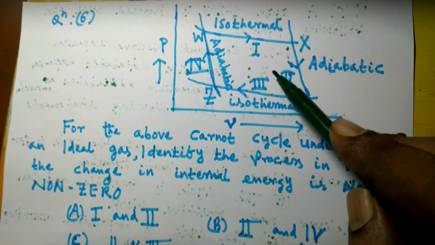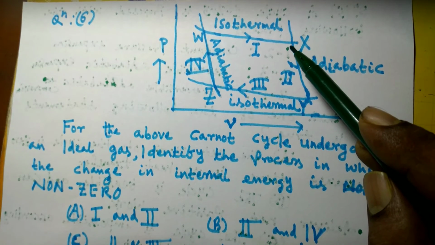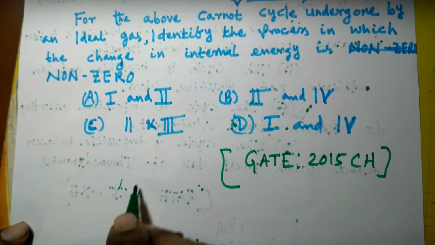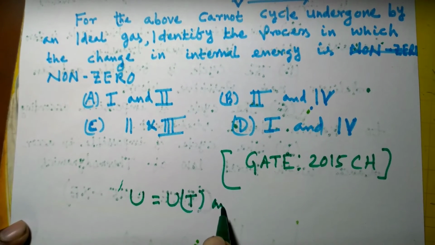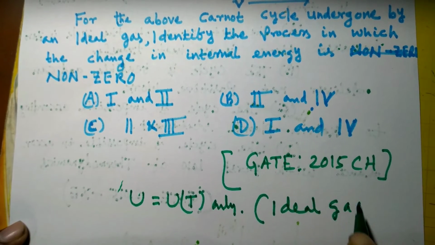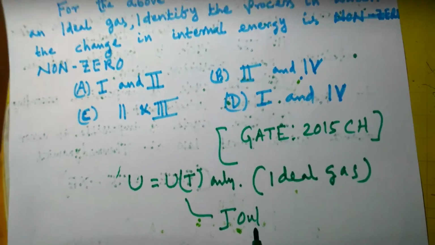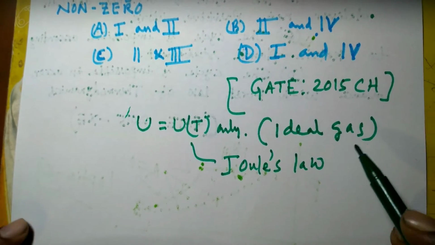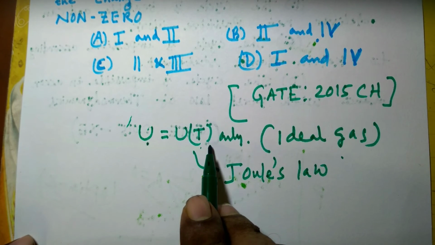And if the working fluid is an ideal gas, you know, for an ideal gas, according to Joule's law, internal energy U is a function of temperature only.